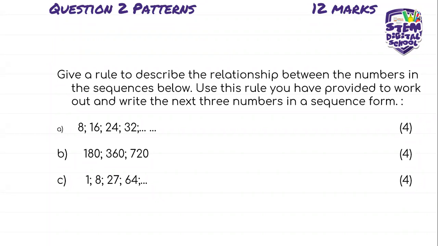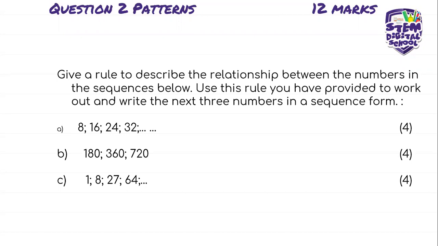6 to the power 3. 6 times 6 is 36. 36 times 6 is 216. And then 7 times 7 is 49. 49 times 7 is 343. So that is how you find the next 3 terms.